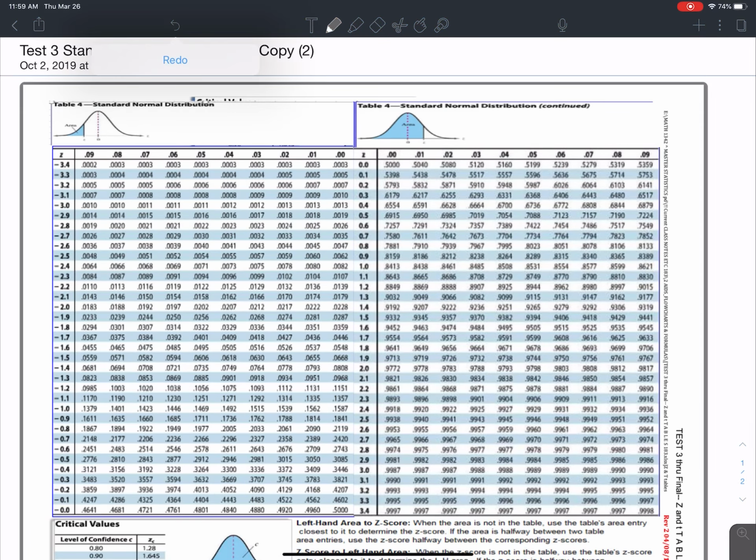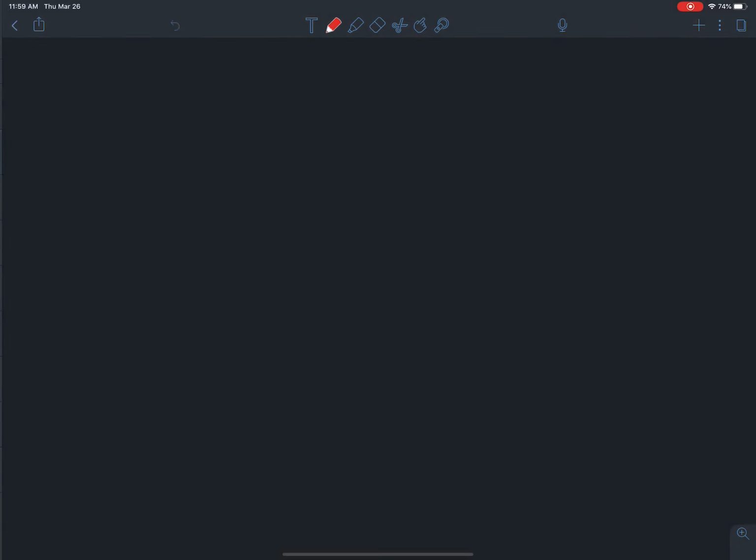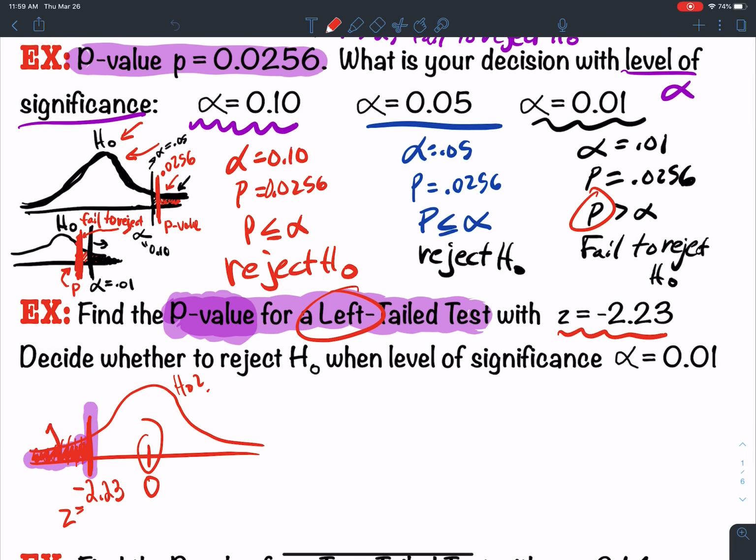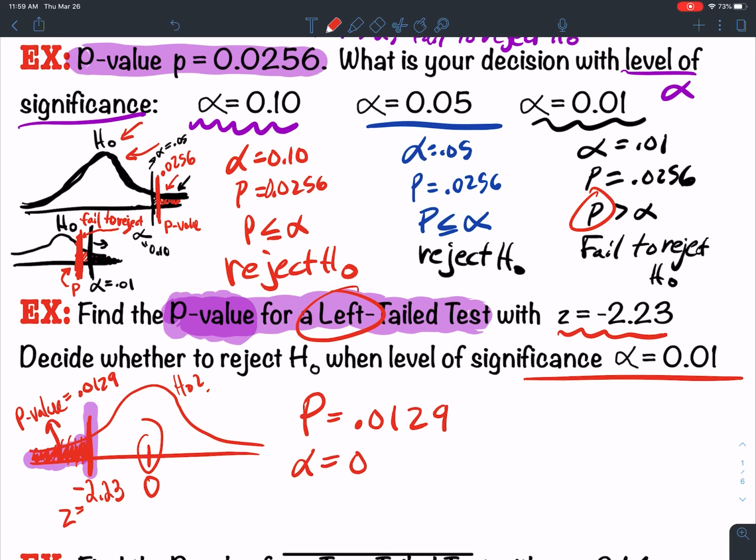All right. Let's go back. So this area, the P value, is 0.0129. Now, if P equals 0.0129 and alpha is equal to 0.01, okay, what does that tell me?